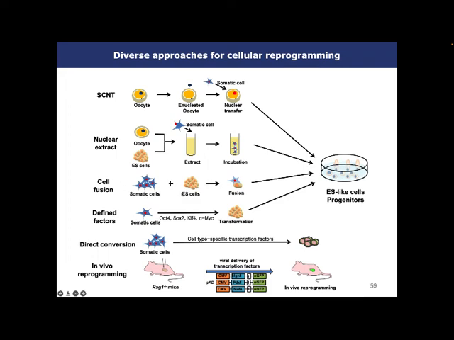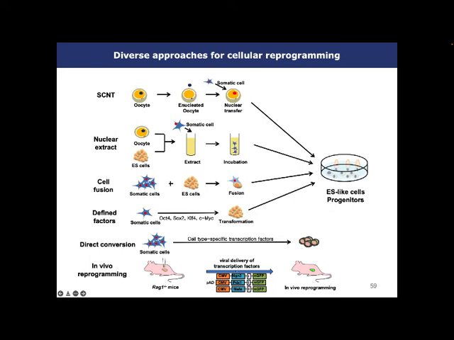And cell fusion of embryonic stem cells and somatic cells can be used for the generation of ES-like cells. And defined factors such as the Yamanaka factors, OSKM, transform somatic cells toward pluripotent stem cells. And today we have learned direct conversion. Somatic cells can be reprogrammed directly with cell-type-specific transcription factors toward a certain type of differentiated cells. And in vivo reprogramming is also possible.